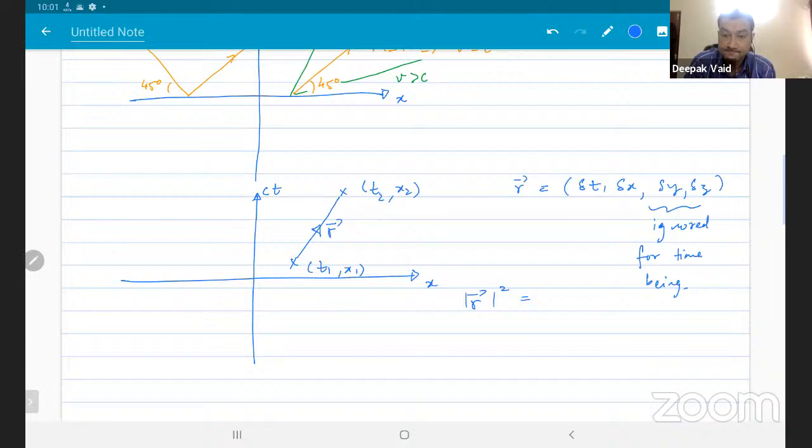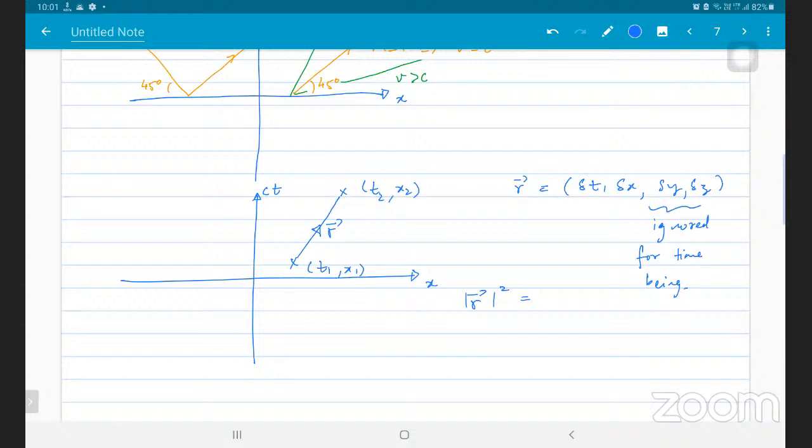Kanchan, Tapsi, Sai, what is the length of this vector?